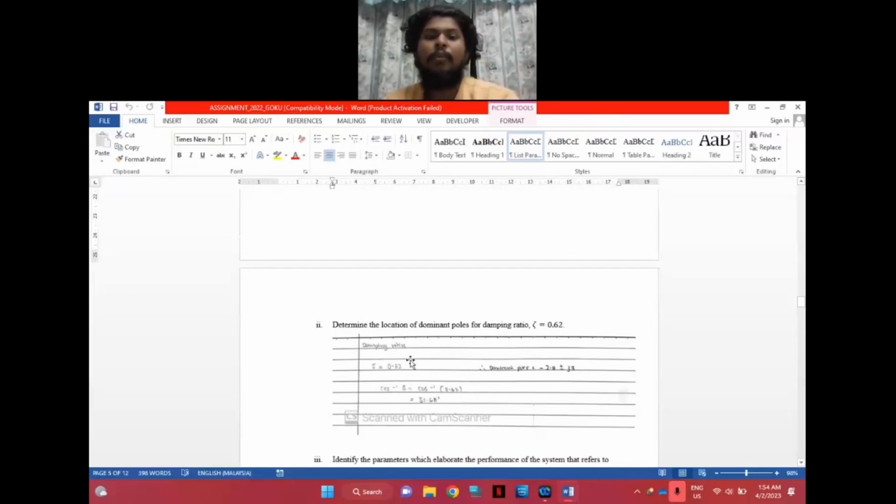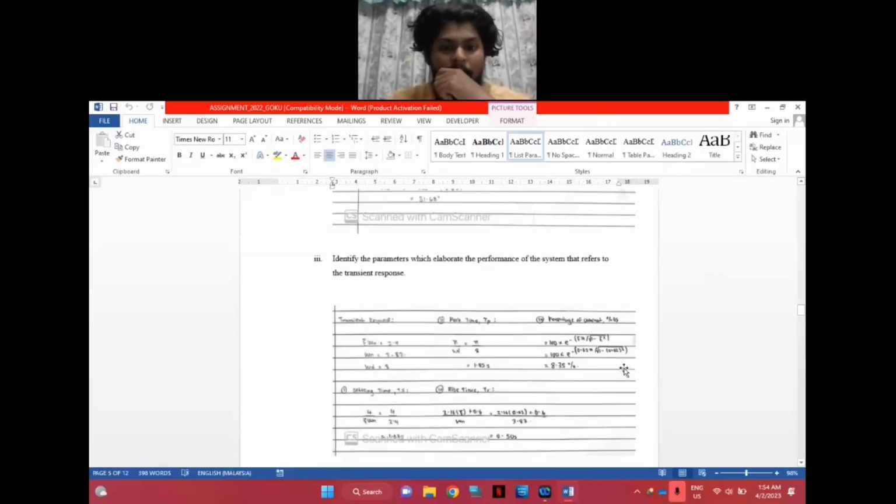Secondly, we need to determine the location of the dominant poles for the damping ratio equal to 0.62. From that, we found the dominant poles at -2.0 plus minus j3.